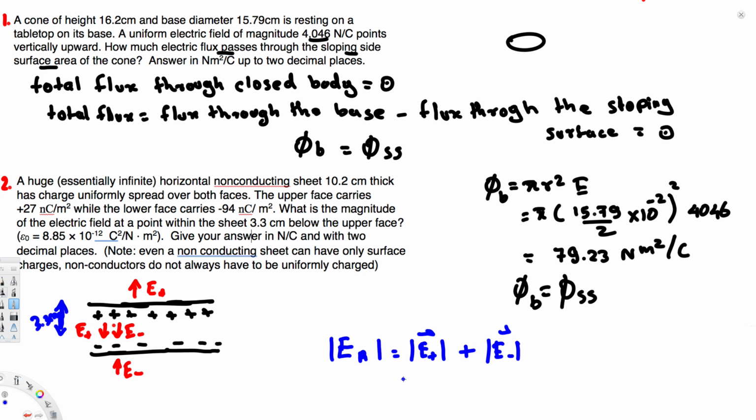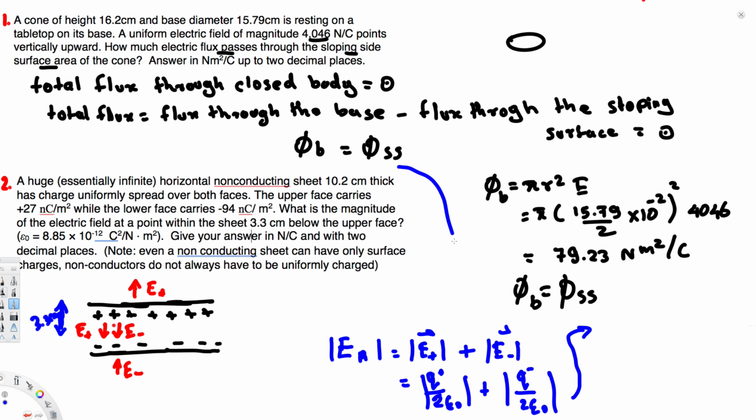The electric field of these charges can be calculated by using this formula: Q plus over 2 epsilon naught plus Q minus over 2 epsilon naught, and let's plug in the values. So let's separate this one so we don't get confused. Now let's go ahead and plug in the values.